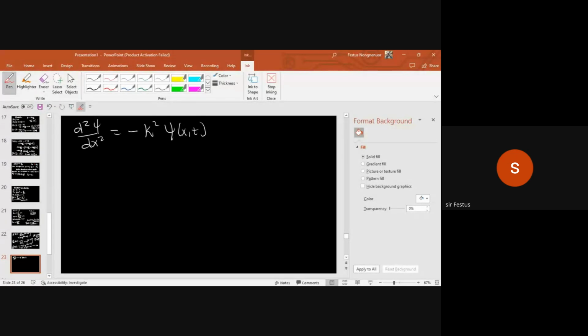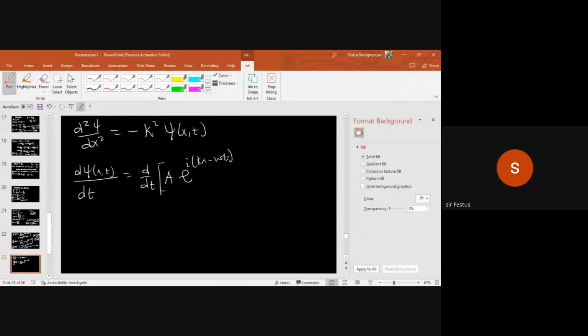Okay, so I also take the wave function and differentiate with respect to time, because it's both position and time dependent. So if I differentiate psi as a function of x and t with respect to t, this is nothing but d by dt of a e to the power I in bracket kx minus omega t.